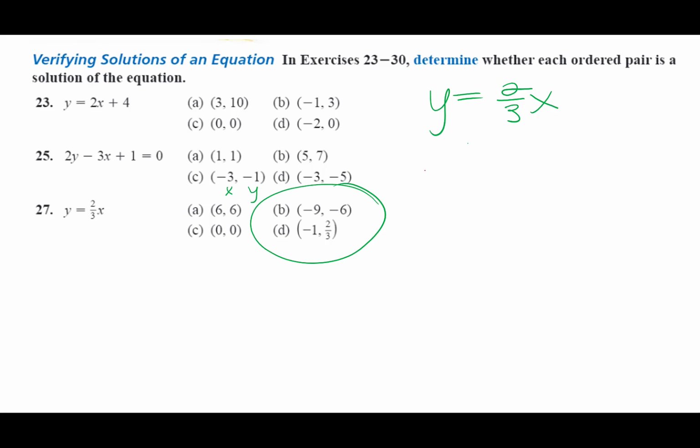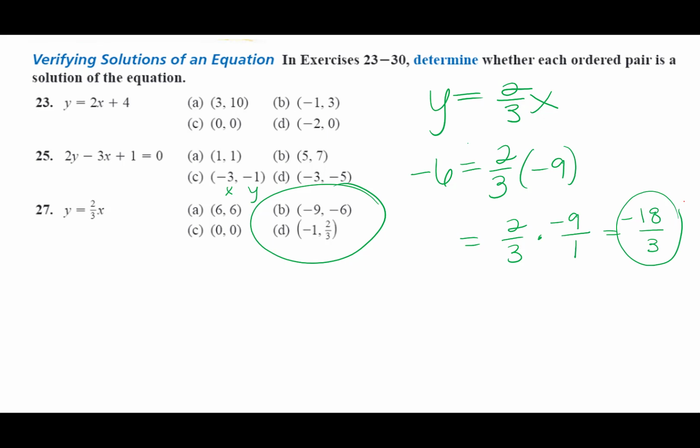So for the ordered pair B, that's -9, -6, would be -6 equals 2/3 times -9. Anytime you've got to multiply a fraction by a whole number, take that whole number and put a 1 in the denominator, because once you have two fractions, you can multiply the two numerators together, which will be -18, and the two denominators together, which is 3, and then simplify that fraction.